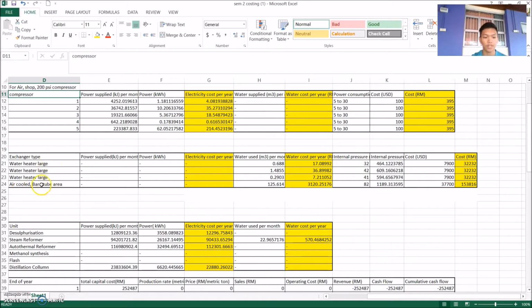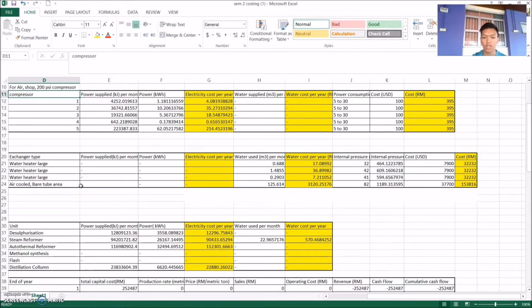And for the 4th heat exchanger, we use an air-cooled bare tube area, which is to drop the temperature. Since all the energy is negative, which is energy release, there is no electricity cost for all these exchangers.